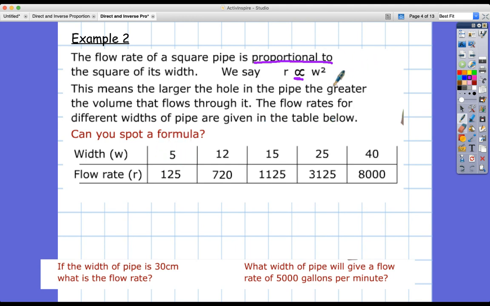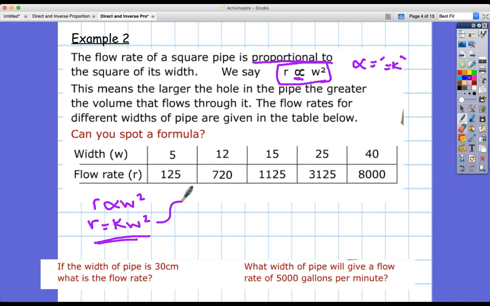So we're going to do that same idea, and replace, as I said before, a proportionality sign with equals K. So let's do it in full, R equals K W squared.